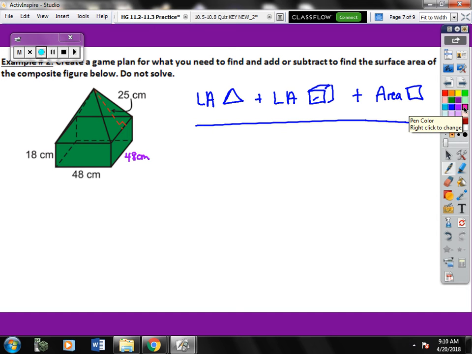I have 3. And that was one of my things. Some people always like to do surface area, and then you think about what to subtract. So if we do the surface area of the pyramid, which I know this doesn't look like a pyramid, but just work with me.